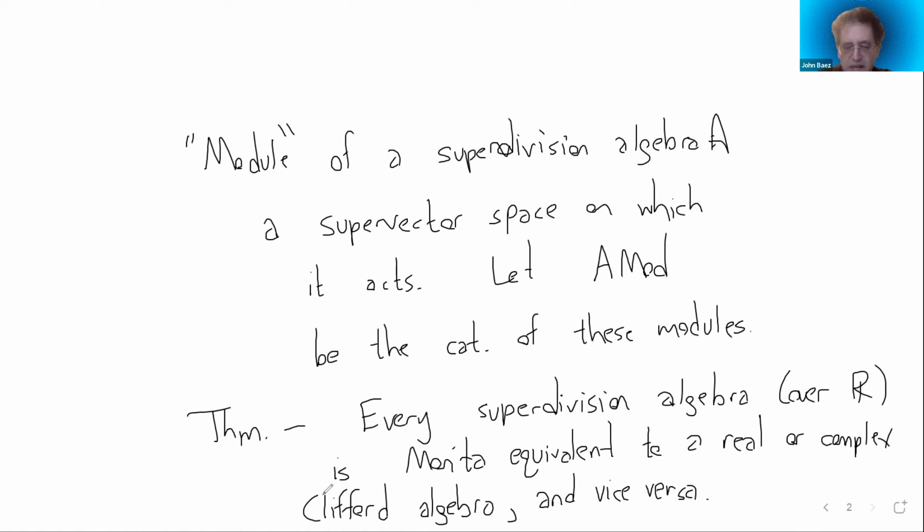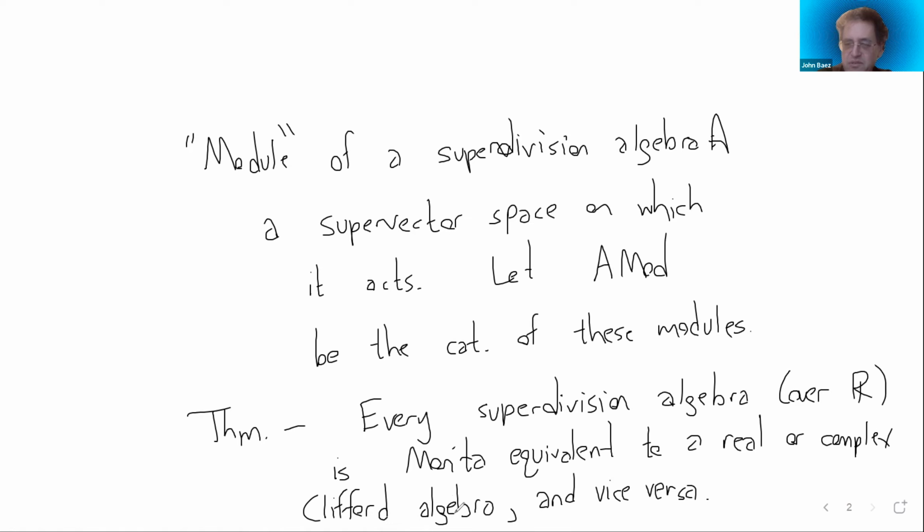Now here I realized that this statement is sloppy. The statement is sloppy because a superdivision algebra has to be Z mod 2 graded, and Clifford algebras aren't, in general, Z mod 2 graded in some God-given way.